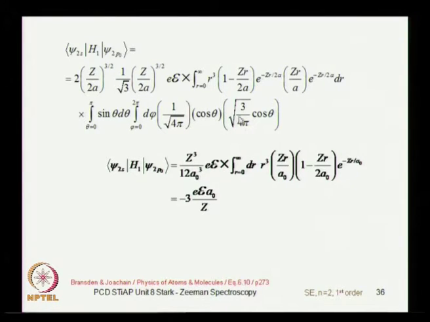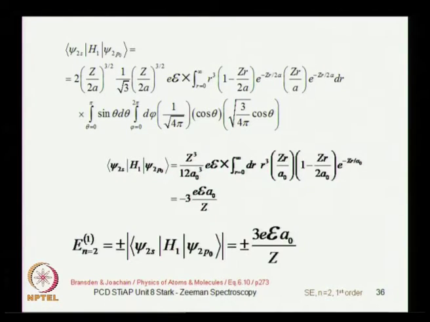After you carry out the theta and the phi integration, this gives you a very simple result, which is minus 3 times the electron charge, the magnitude of the electric intensity, the Bohr radius, and then of course the Z. Now, these are the 2 roots that we get. Plus or minus the modulus of this is just without this minus sign, but then this plus and this minus sign is coming because you have 2 roots, one corresponding to the plus sign and the other to the minus sign.